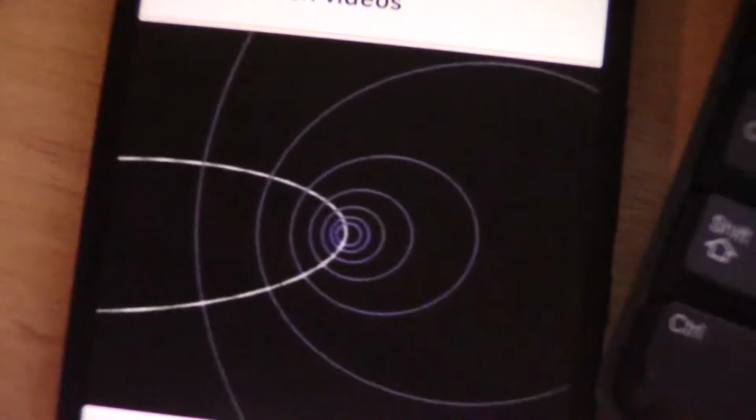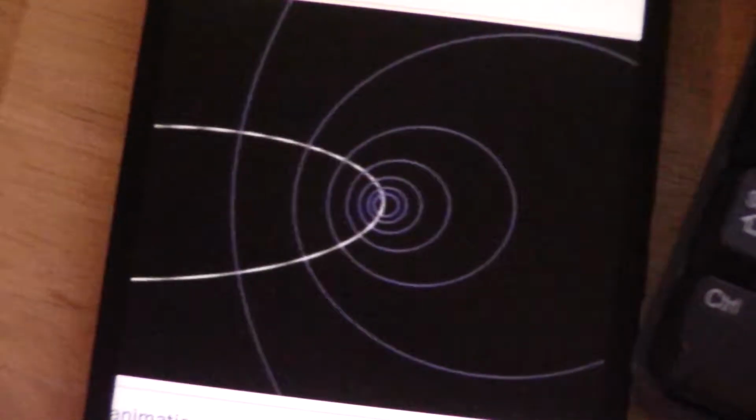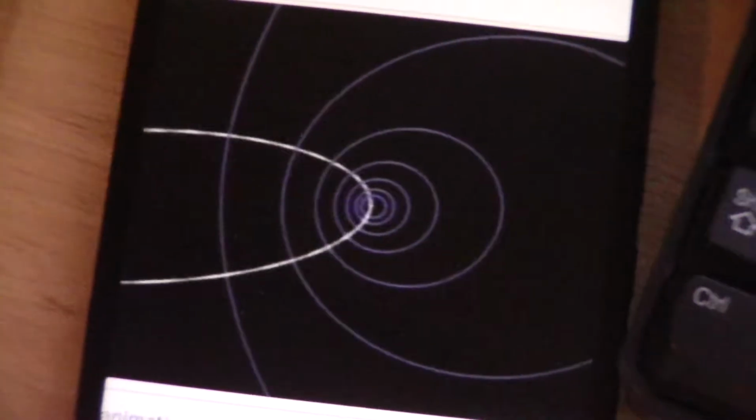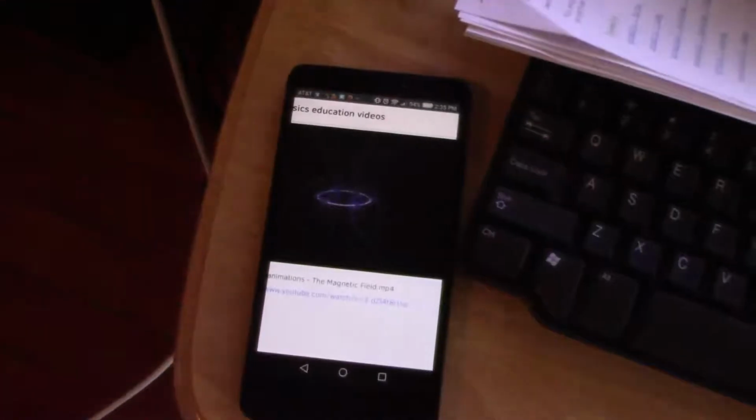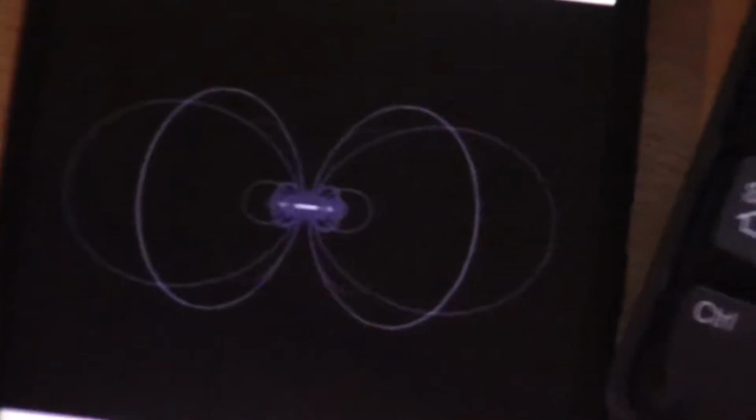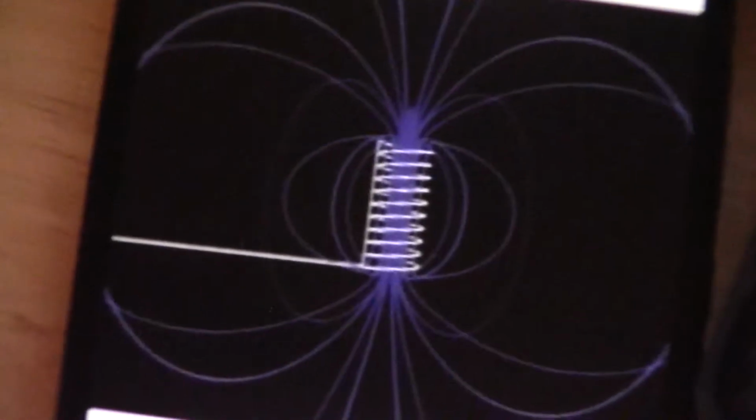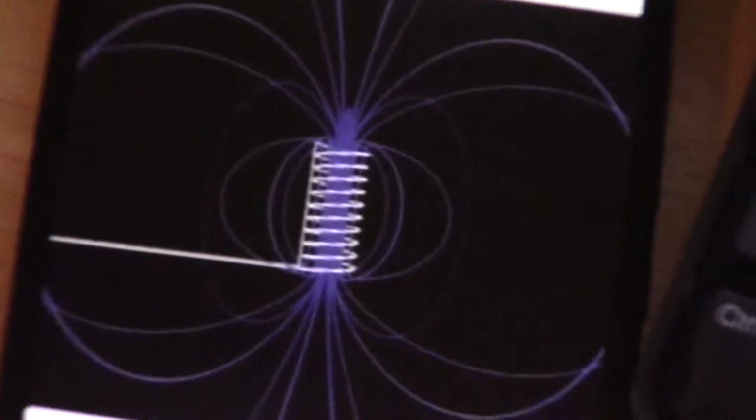On the other hand, if the wire is bent around into a loop, the current flowing through it produces what is known as a dipole field. A helical winding, or solenoid, is like a stack of current loops.